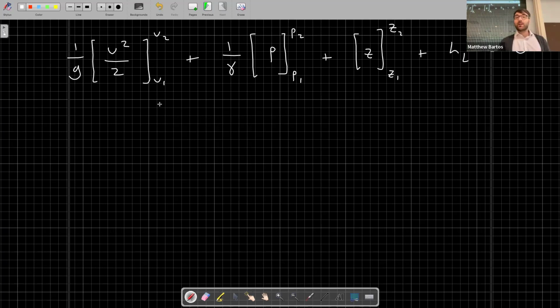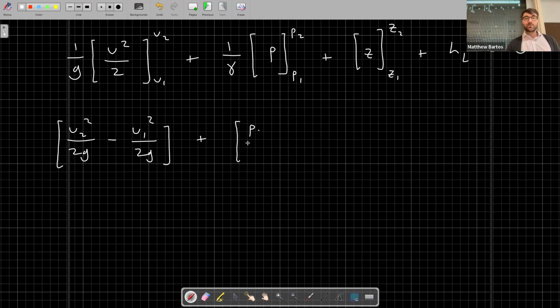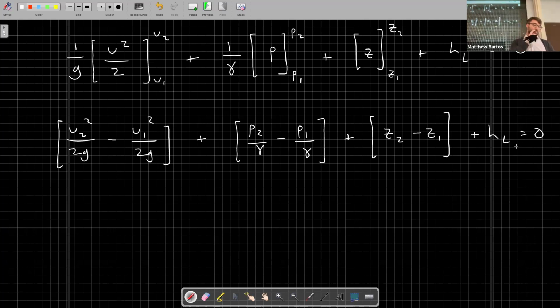So if we evaluate the definite integral, we'll get the following. This becomes u2 squared over 2g minus u1 squared over 2g plus p2 over gamma minus p1 over gamma plus z2 minus z1 plus the head loss is equal to 0.